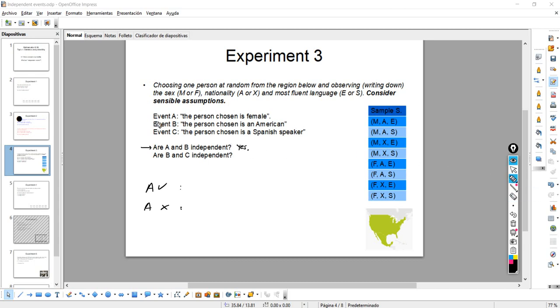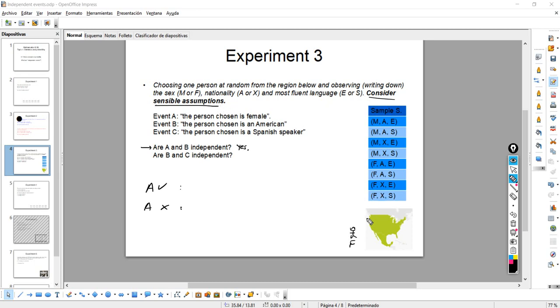Why? Because whether A happens or not doesn't affect the probability of B. If I know that the person that I choose from this section is a female, that doesn't let me know whether there is a higher chance that this person will be American or Mexican, right? Why can I answer this question in the positive? Because I told you, let's consider sensible assumptions.